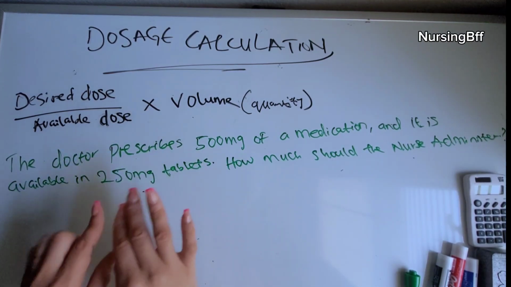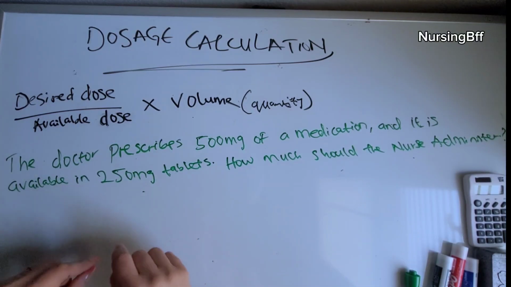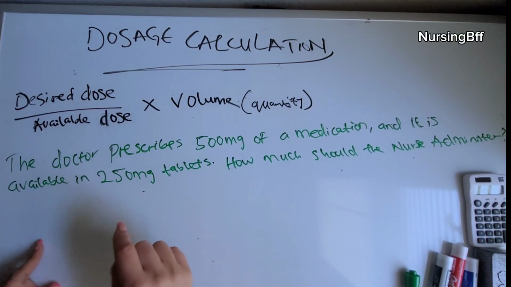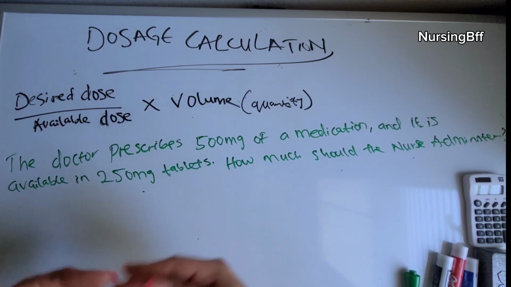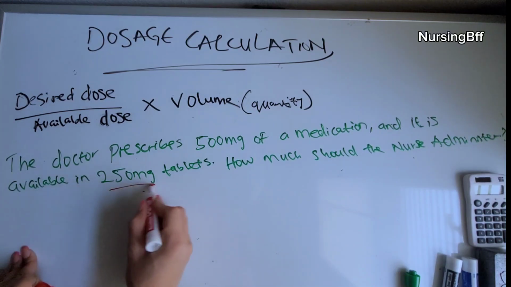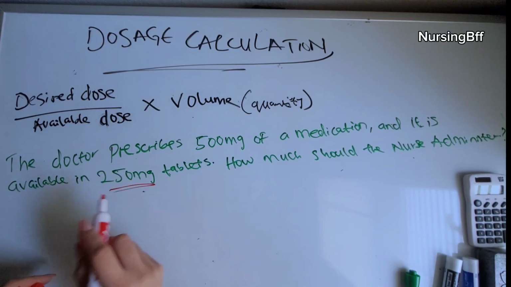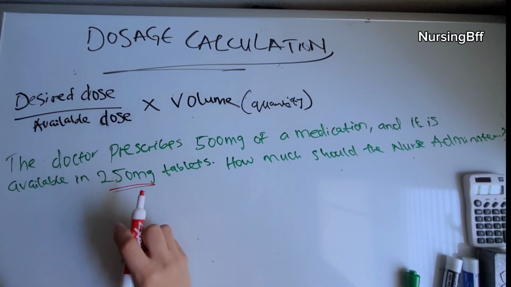First of all, you have to read the prescription. Make sure that you understand what the doctor wants. Think of it like you're reading a treasure map. Number two, identify the available. Know what you have on hand already.